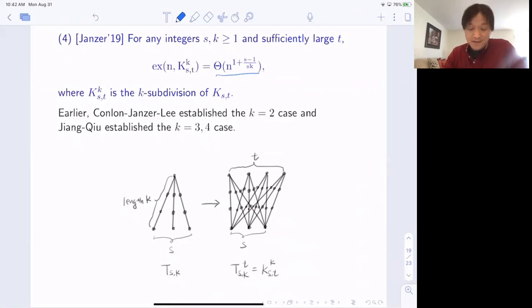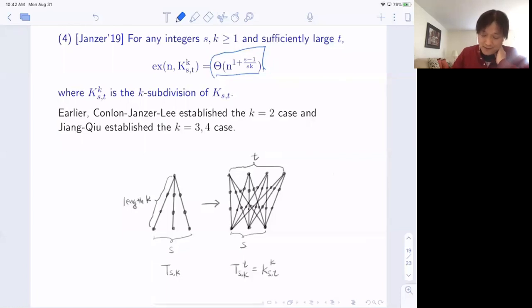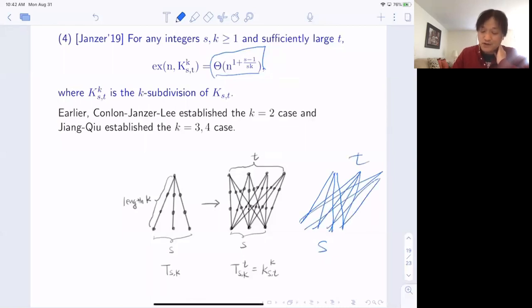He was able to completely determine the order of magnitude for the k-subdivision of K_{s,t}. Why do I say this is tied to the subdivision problem? It's because if you look at the spider, it's just a long star. So if you take t many long stars, you just get a subdivision of K_{s,t}, where each edge is replaced with a k-path.